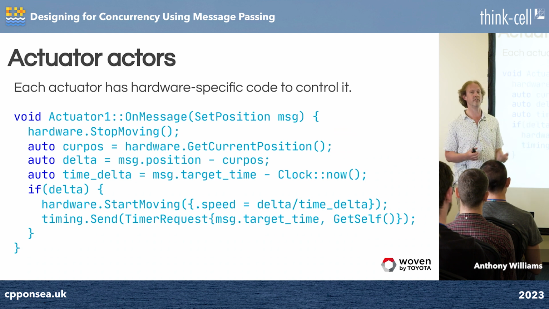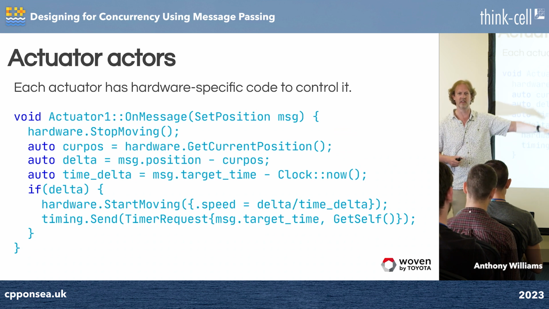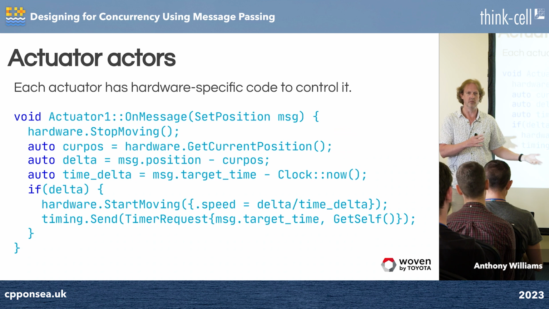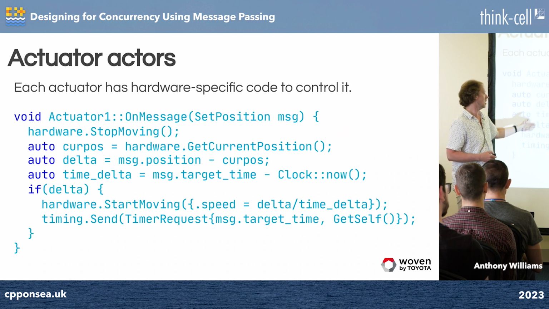Other times you do have direct control, and you can say move it to position 7, because it's a stepwise actuator, and it knows whether it's on position 3 or 7, and you can tell it to move there. But sometimes you actually need to just say go, and then tell it to stop. So in this particular example, we'll do that. Start moving at a certain speed based on how long we've got to get there.